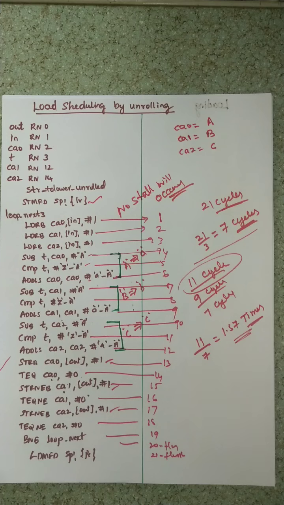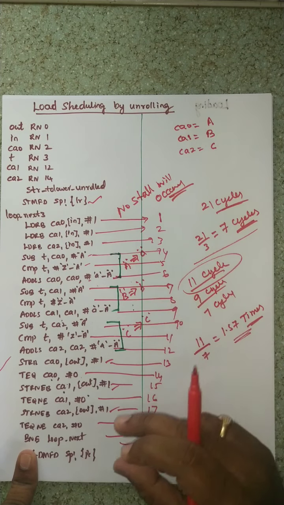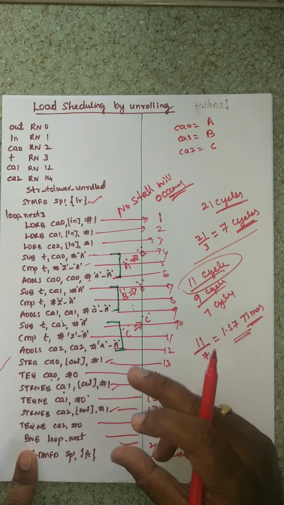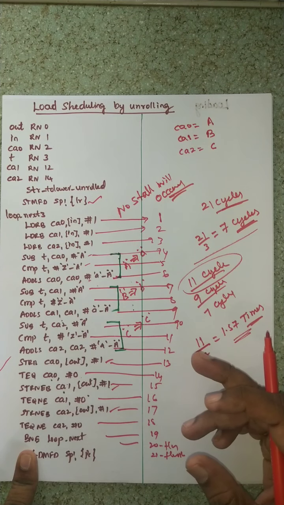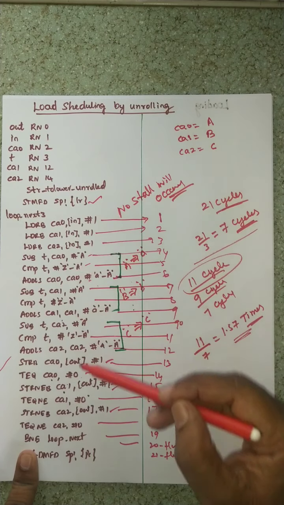So this is one method, the unrolling method. Unrolling means that, without using the loop, I have avoided executing the code many times and rather unrolled it.